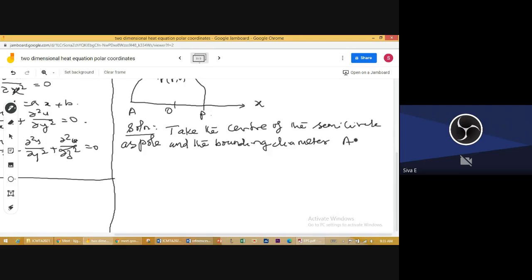That means we take the x-axis as the initial line.